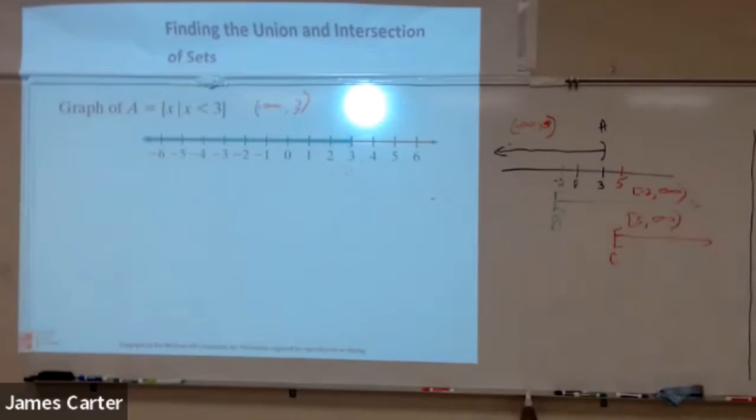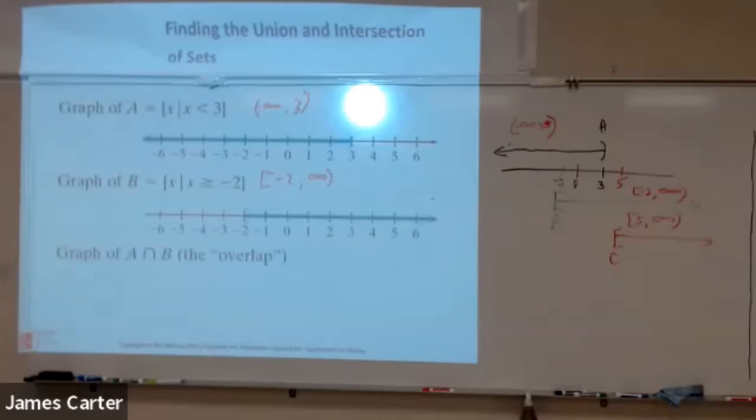Okay, here's the first one. They graphed it a little prettier than mine again. Okay, now the second one and the third one. Now, what is this? Well, they didn't graph C. They're answering the question, what is the graph of A intersect B?